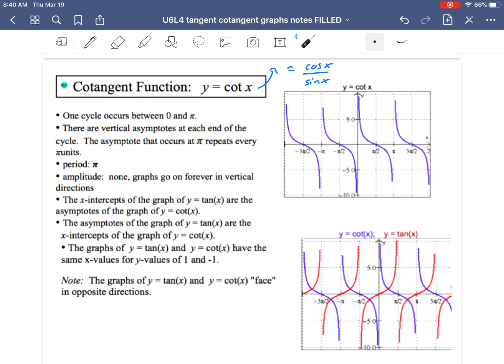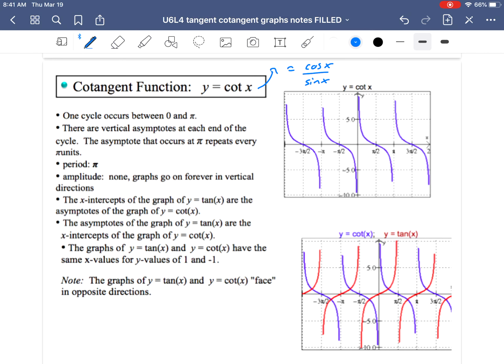So that would be at 0, at pi, at 2 pi, etc. There are vertical asymptotes at each end of the cycle. The asymptote that occurs at pi repeats every pi units. So it's the same idea: when x is 0, the sine of 0 is 0, so cotangent has a vertical asymptote, whereas tangent has a 0.